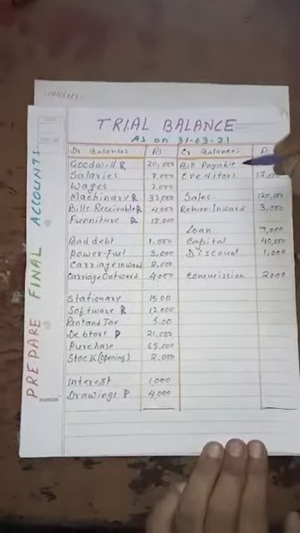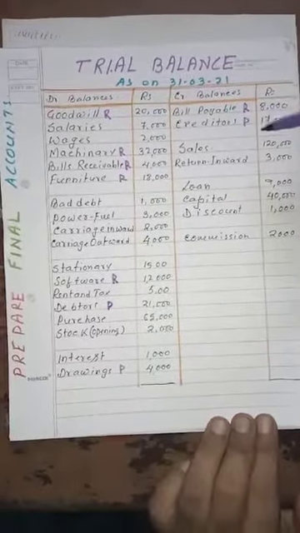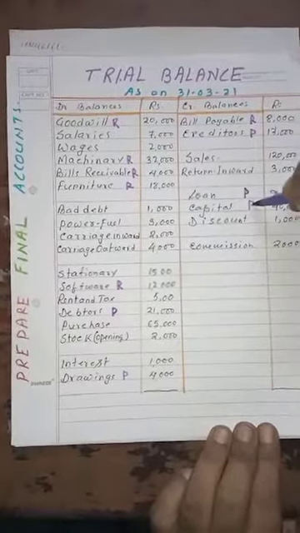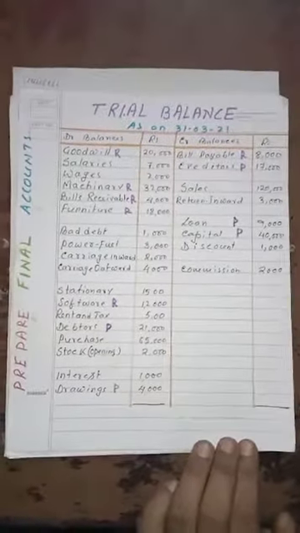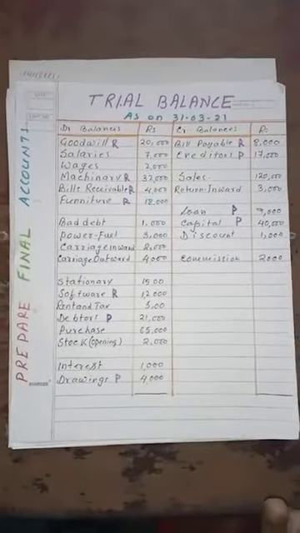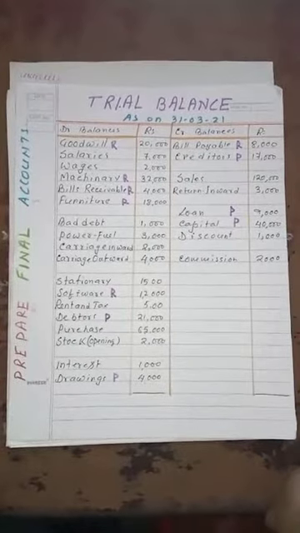In the credit side, you see bill real account, creditors personal account, loan personal account, capital personal account. Clear? We have identified real and personal account. Next stage, you identify nominal accounts.